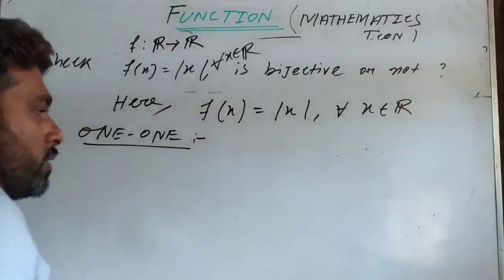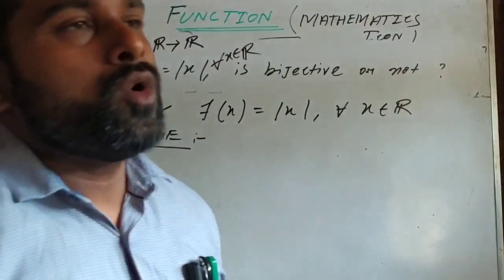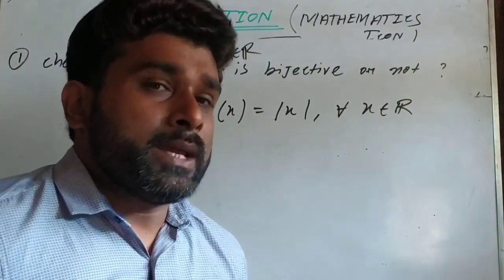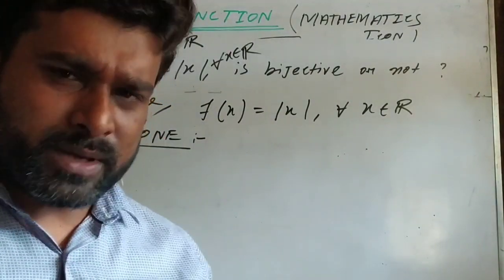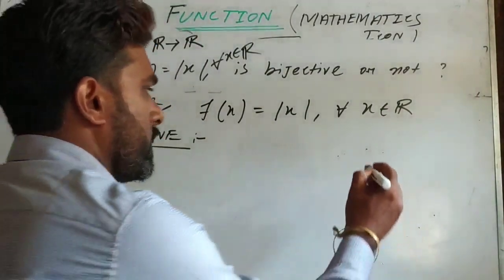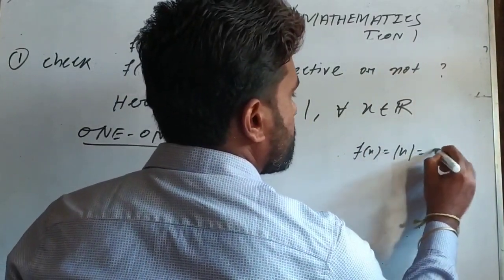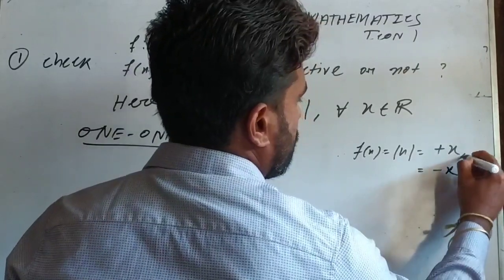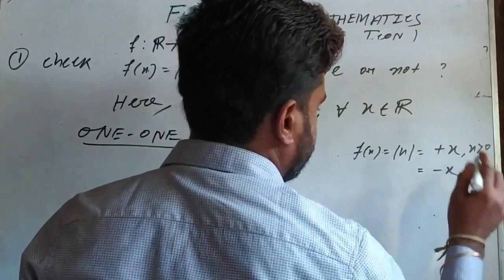Now here you can see, what is the modulus function? Do you know the definition of modulus function? f(x) = |x|. So |x| equals plus x when x is greater than 0, and minus x when x is less than 0.